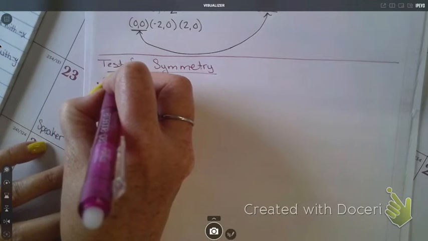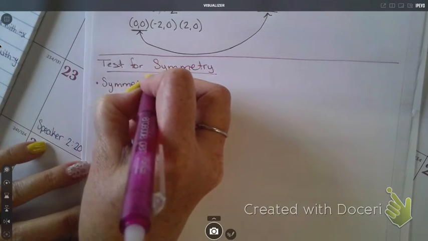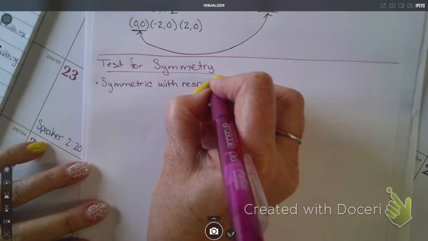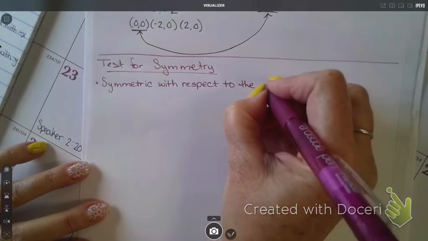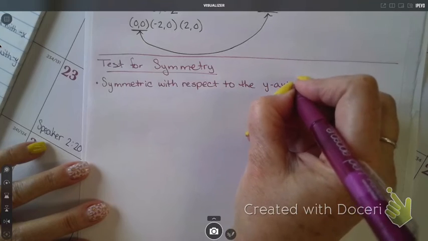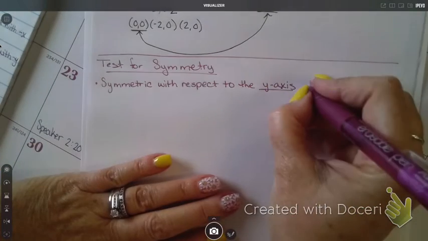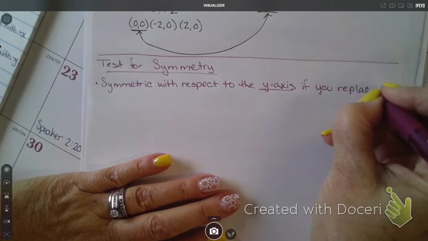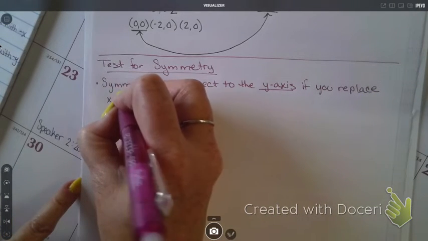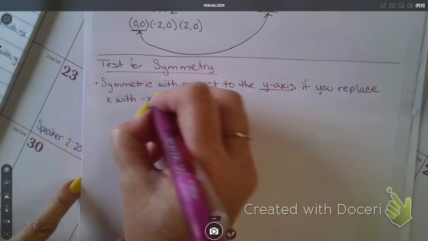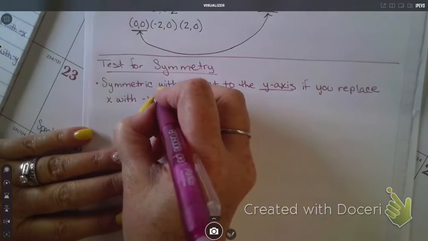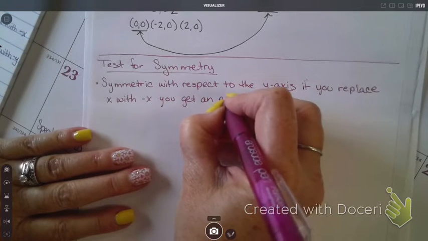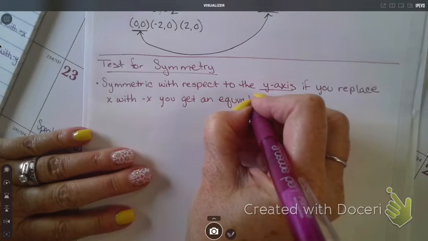Symmetric with respect to the y-axis: if you replace x with negative x, you get an equivalent equation.